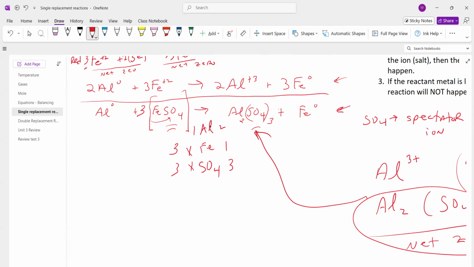So what can we do to change that? So we got 3 on the left, 3 on the right, 3 sulfates, 3 sulfates. Aluminum is a problem. What do we do about aluminum? Okay, now it's balanced.